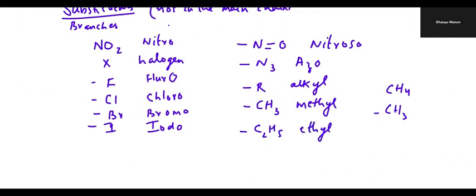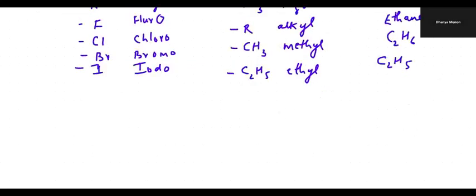C2H6 is ethane. When you remove one hydrogen, it is ethyl. Then I have C3H7. It is propyl.